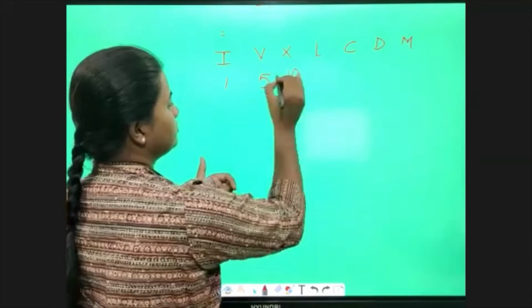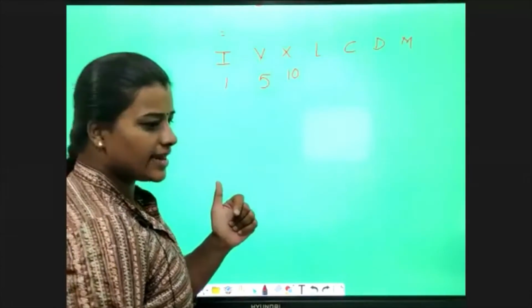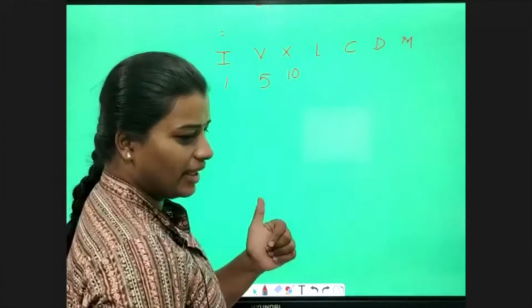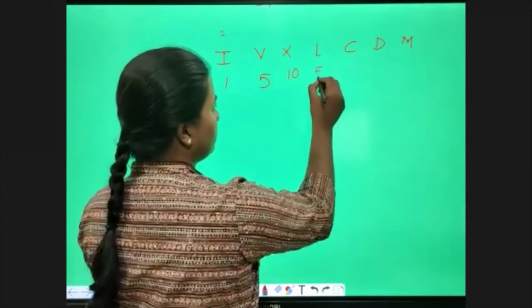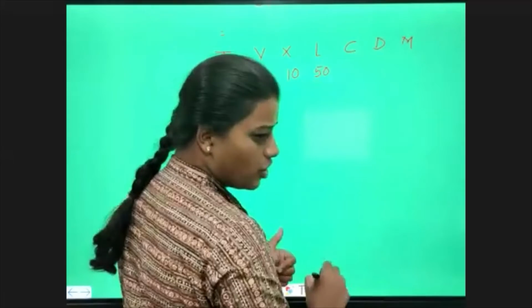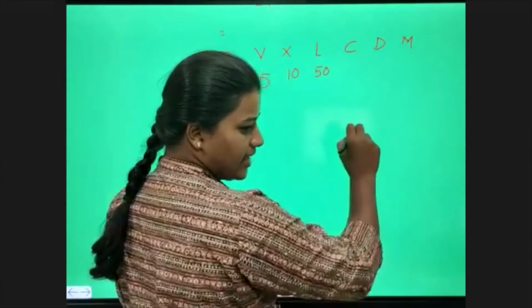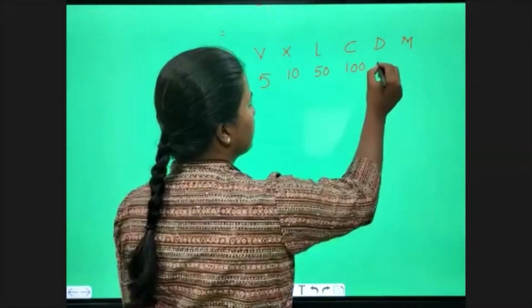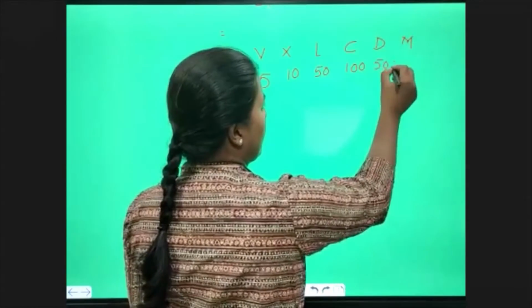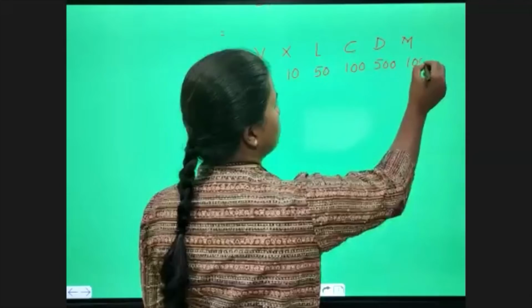Very good. L stands for 50. C stands for 100. D stands for 500 and M stands for 1000.